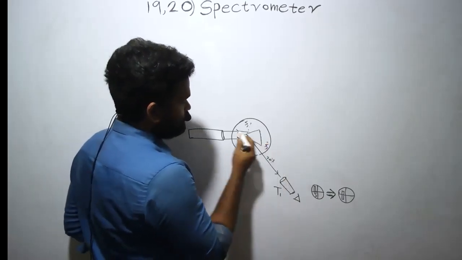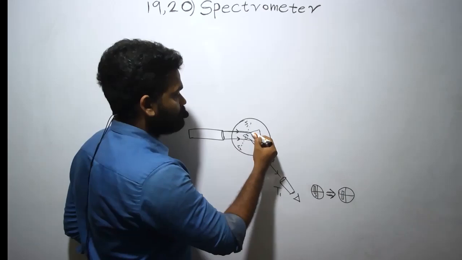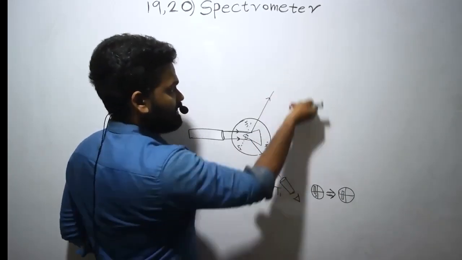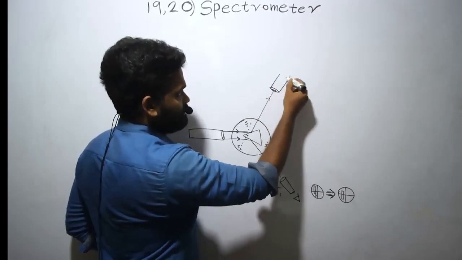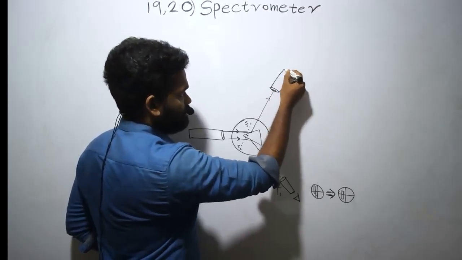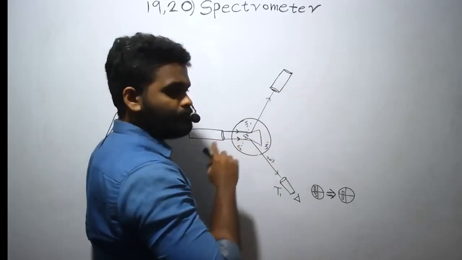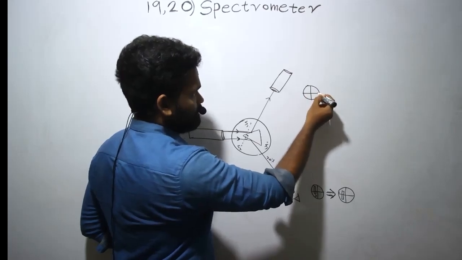Then you know that this ray coming from the other side of the collimator also gets reflected like this. You can rotate the telescope to this side and catch that ray. Now you will see a view field like this.